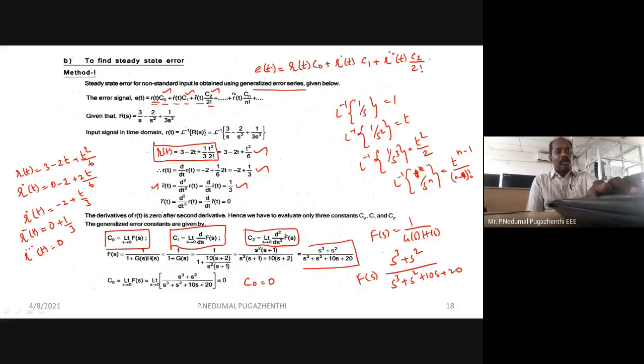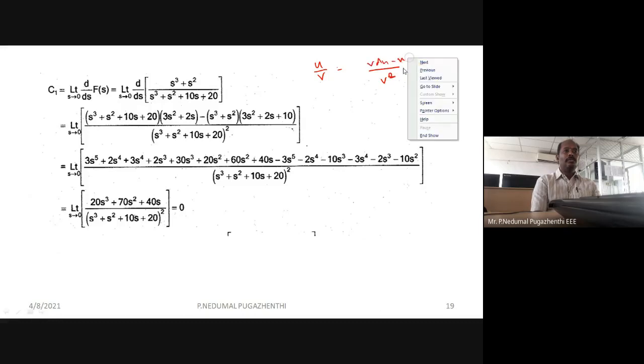Same way, to find C1, what you have to do? You have to differentiate this f of s with respect to s, d by ds. Once you differentiate that, you see the u by v formula, we will have v squared in the denominator and v du minus u dv in the numerator. So s cube plus s squared plus 10s plus 20, the whole squared, is v squared, and this is v.